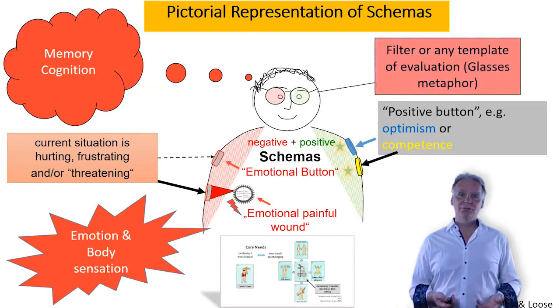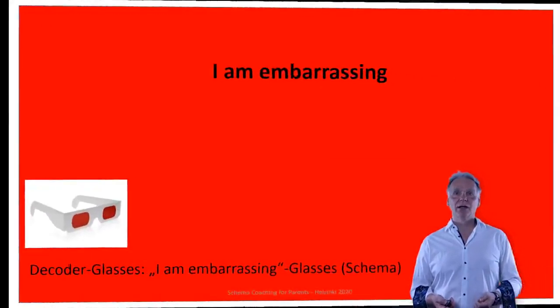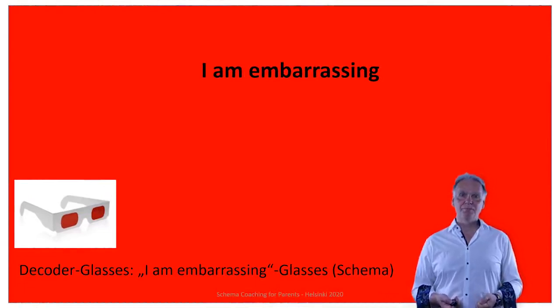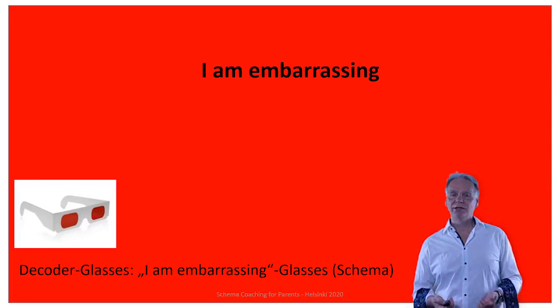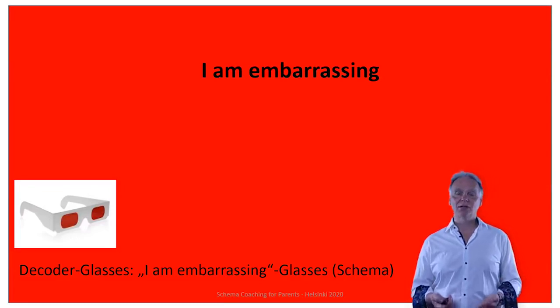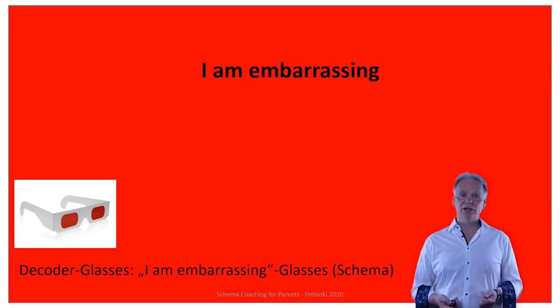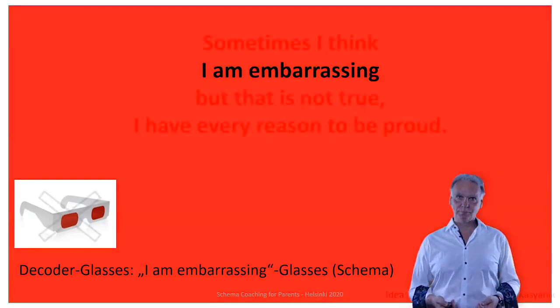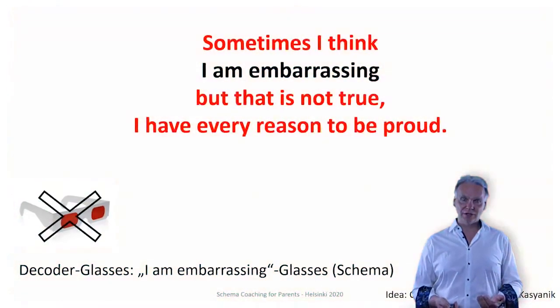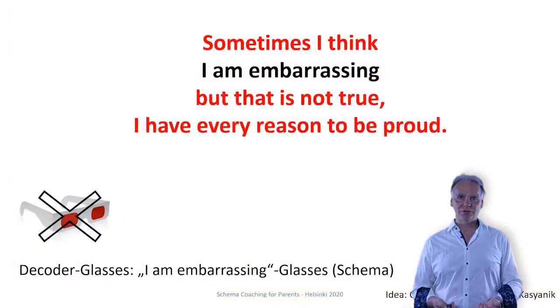And the client or the human being is actually looking on the world through certain glasses which are connected to these schemas. I give you an example. So let's say we have a client who has a deep-rooted feeling of I'm embarrassing. So we would say he is wearing glasses like I'm embarrassing glasses, and he looks on the world through his glasses and everything is red because the glasses are giving them a red impression. Now, when we are able to take off the glasses, we see much more information behind them.